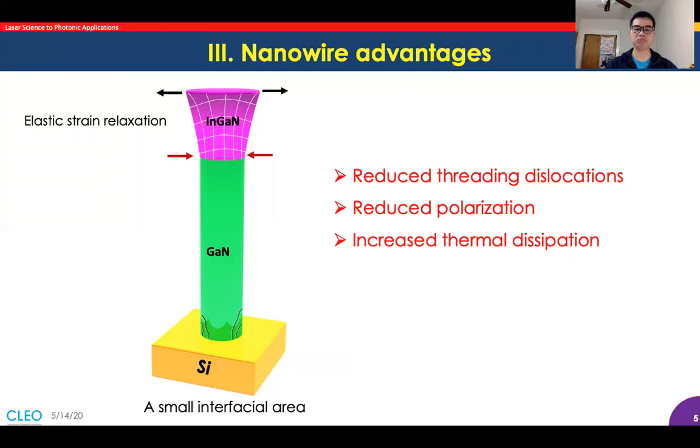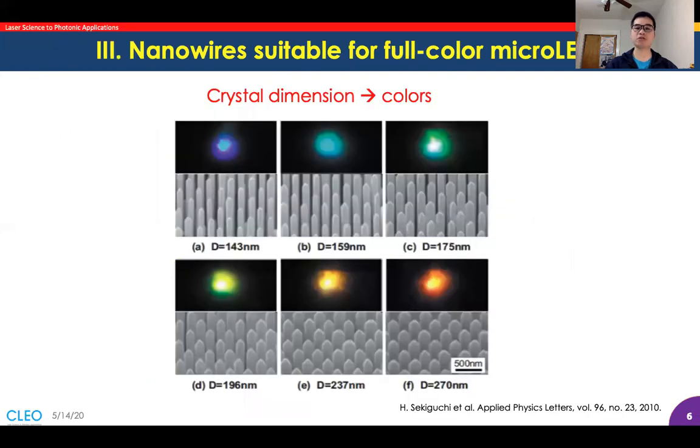And because of the nanostructure, the high surface to volume ratio of a nanowire gives very high thermal dissipation. That is a very big advantage compared to the thin film structure.